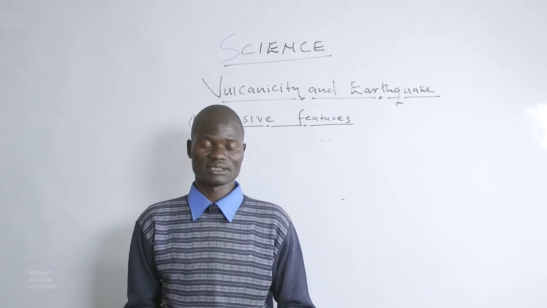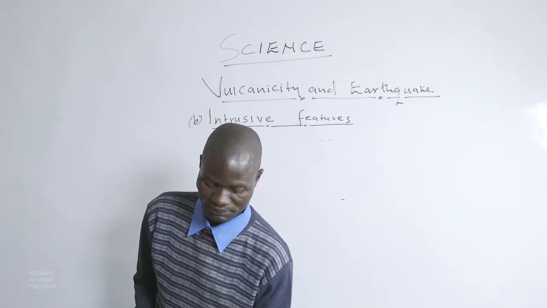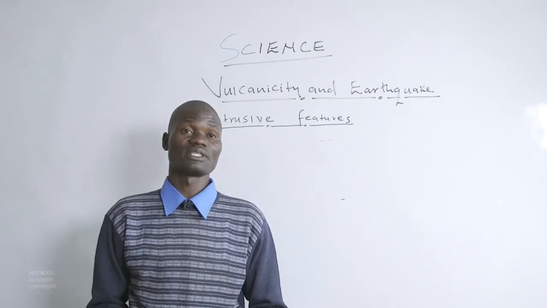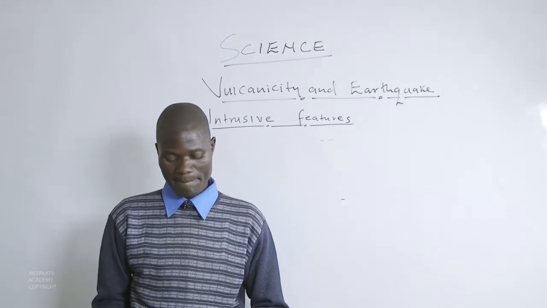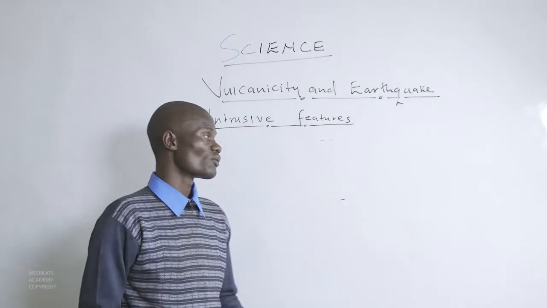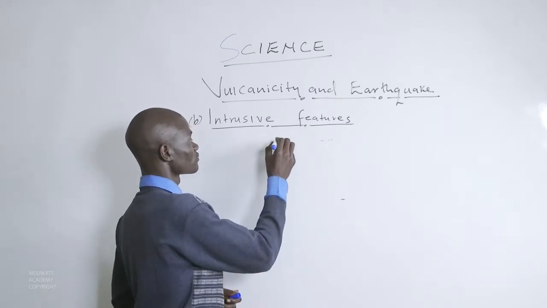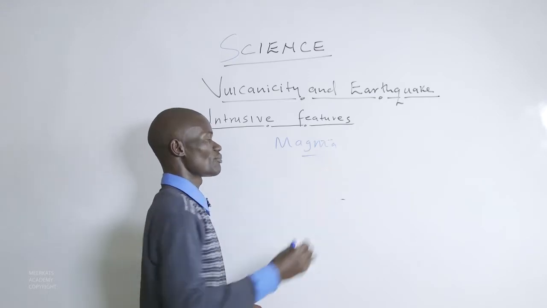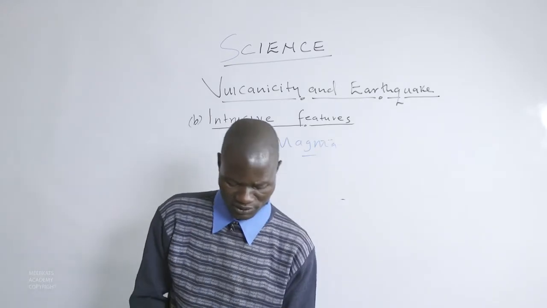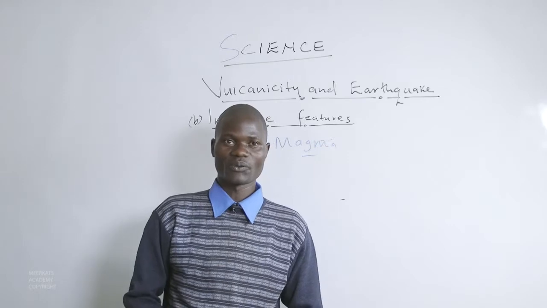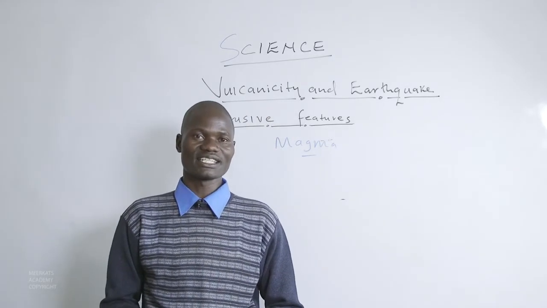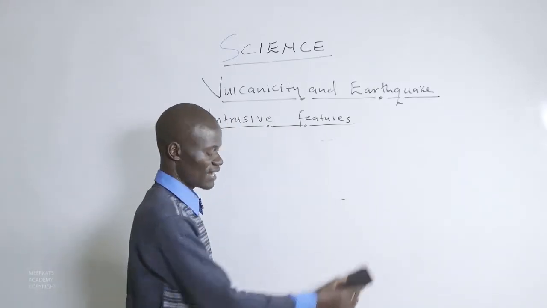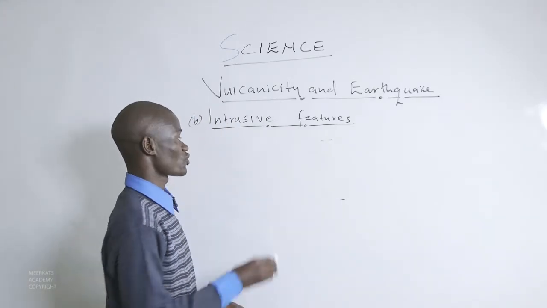When we look at some of the features that have been formed, especially when we base on the rock that has been melted, especially magma. We were looking at the magma. When magma melts, it is in its molten state. In its molten state, it will be able to cool and solidify to form some rocks.